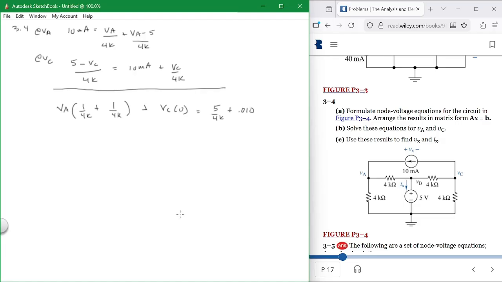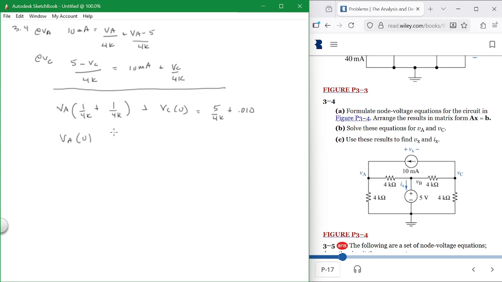So really, we don't need to do 2 equations, 2 unknowns. We just need to solve for each variable. Follow me? That's it. So in this case, VA is going to be 5 over 4K plus 0.010 divided by this. VC, we got VA times 0 up here.